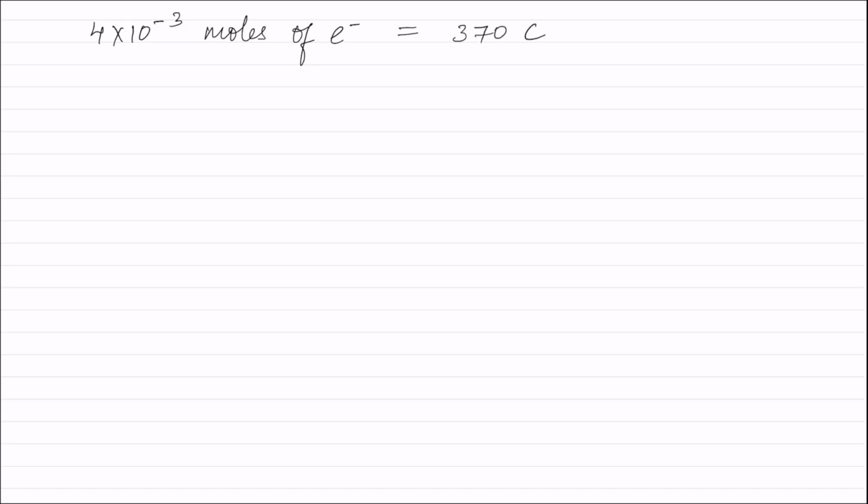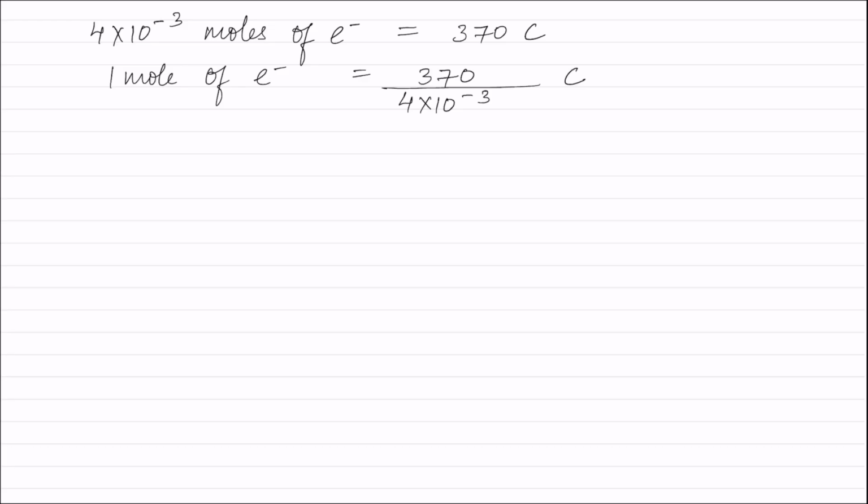From this, charge carried by 1 mole of electrons will be equal to 370 divided by 4 into 10 to the power minus 3 coulombs.